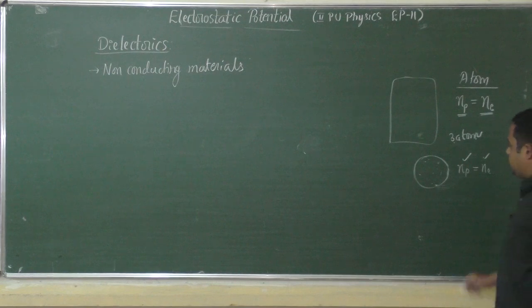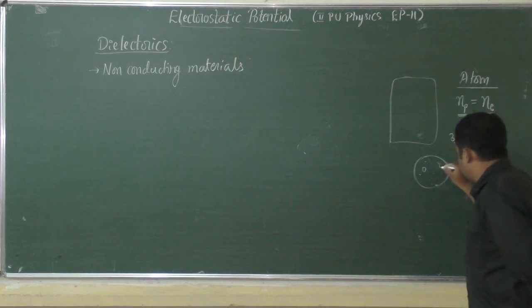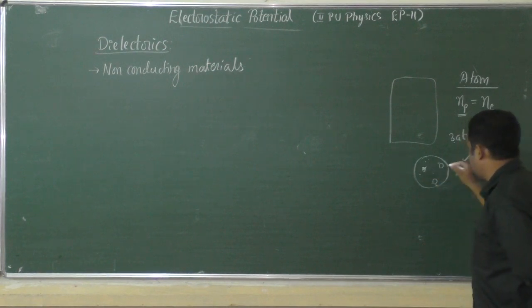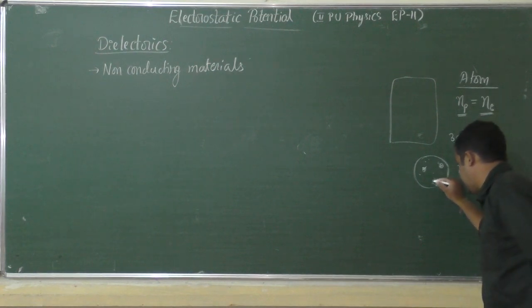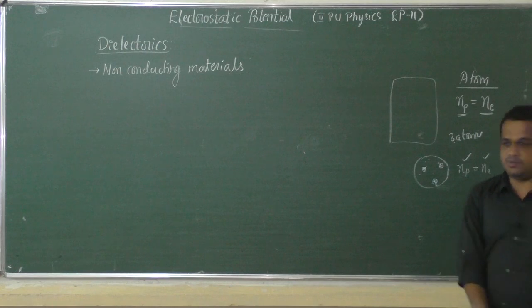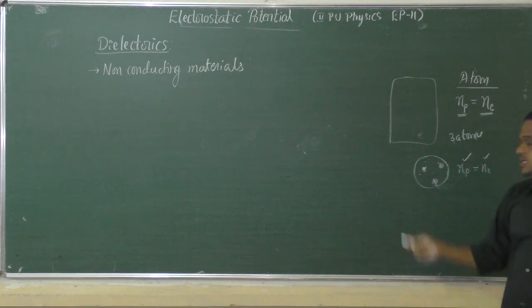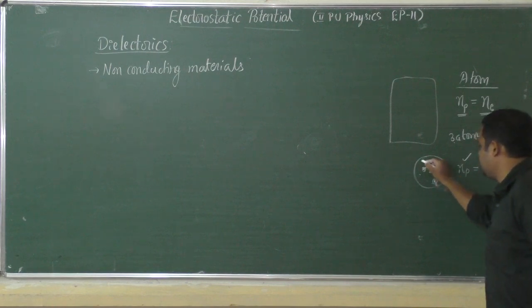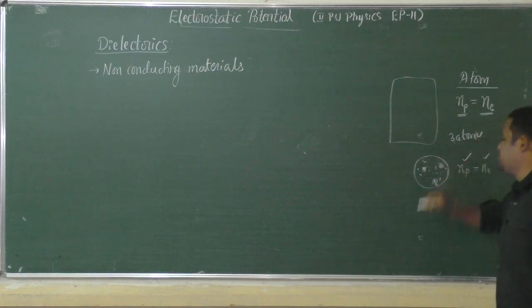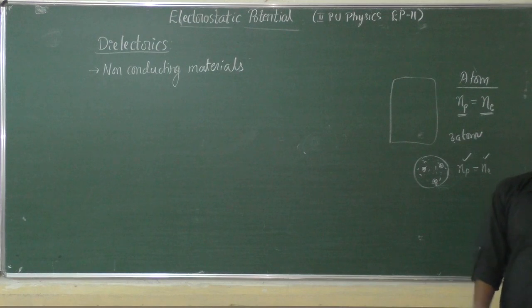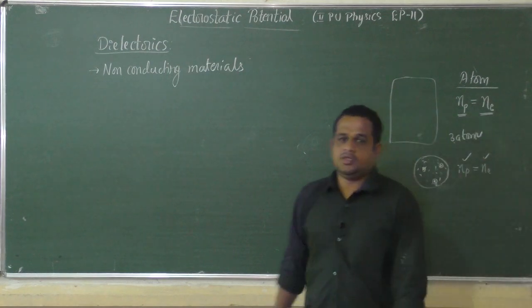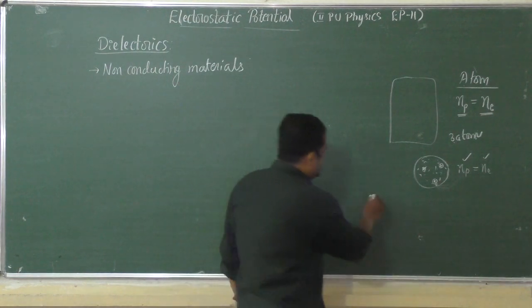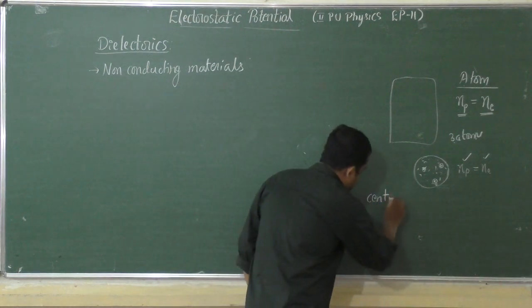Now if these 3 are the nuclei, then the positive charge of this atom here, the positive charge of another atom, and of another atom, positive charges will be distributed like this around the nuclei. Next, electrons will be revolving around the nuclei, that means negative charges will be distributed like this. Now in case of this molecule, we can consider 2 points, that is the center of positive charge.